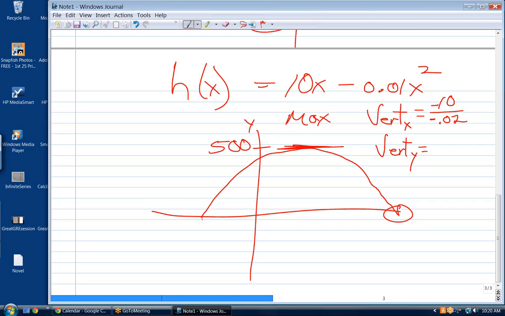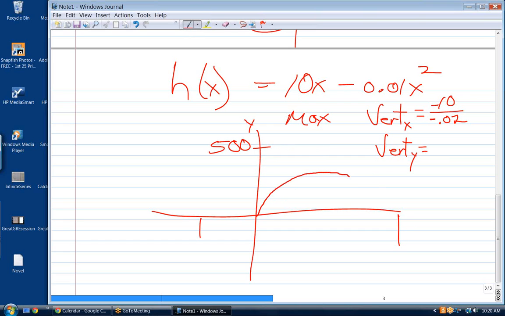In order to figure out how far it travels, we need to figure out the coordinates, the intercepts. Obviously when x is 0, the height is 0. So let me redraw this a little prettier so that it makes a little more sense.